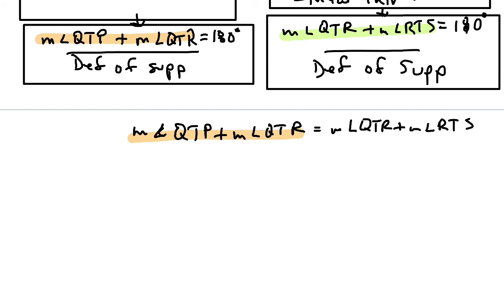That's the green. Orange equals green. That is because of the transitive property, our friend, the transitive property.